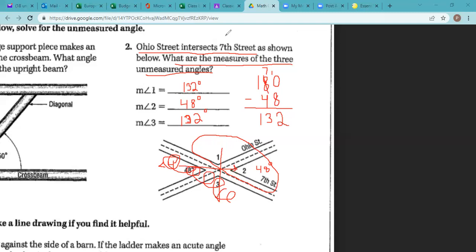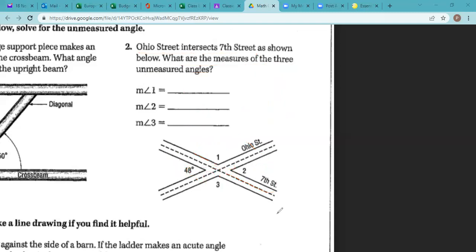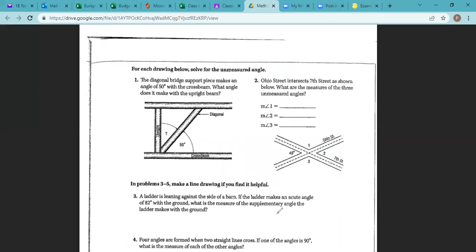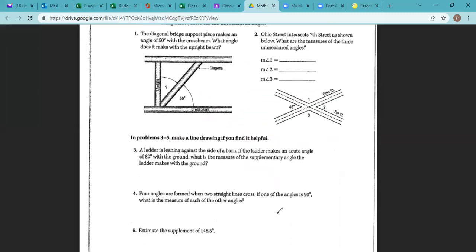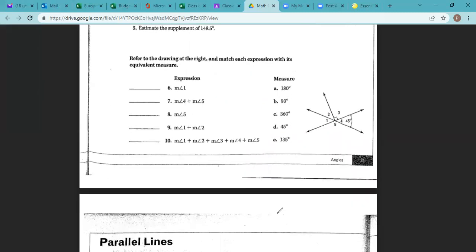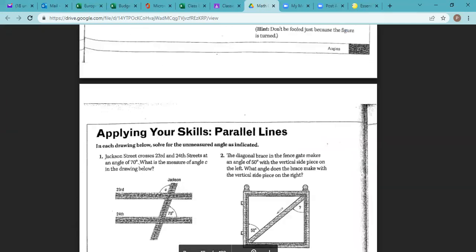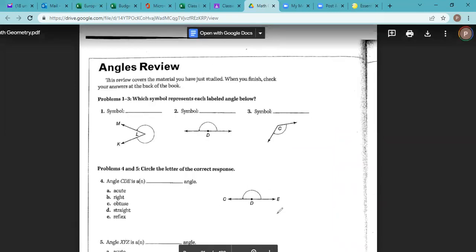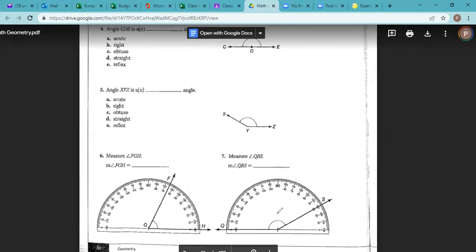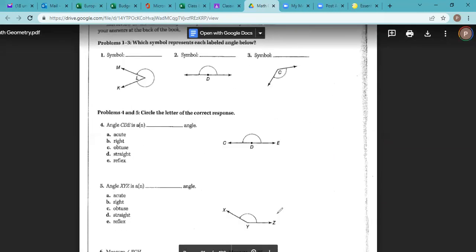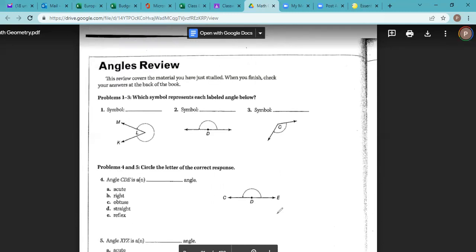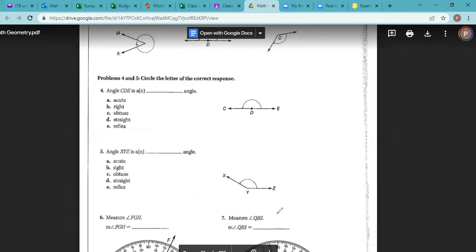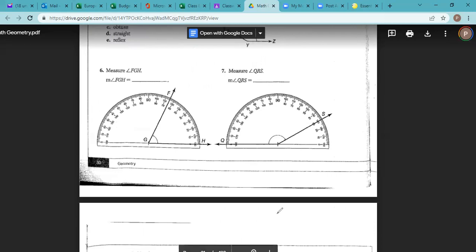Okay, so what I want to do is give you some homework on top of what you need to do. Again, we'll be coming back to this page right here, but I'm going to look ahead at the angle review. Now this angle review starts on page 30. You'll definitely be able to do the whole first page, page 30.